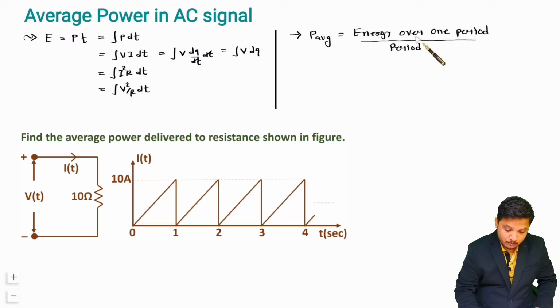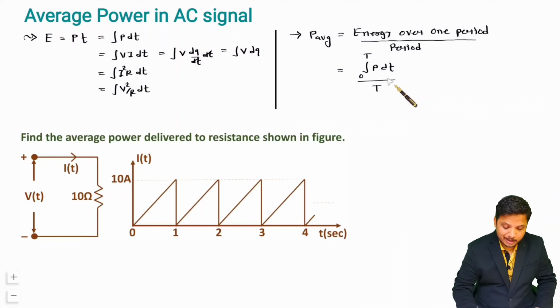Energy over one period we can identify as integration of power with respect to time, where time ranges over one period 0 to T, and divided by that period, that will be average power, right? Many times this power may be given to you in terms of current, or it may be given in terms of voltage, right?